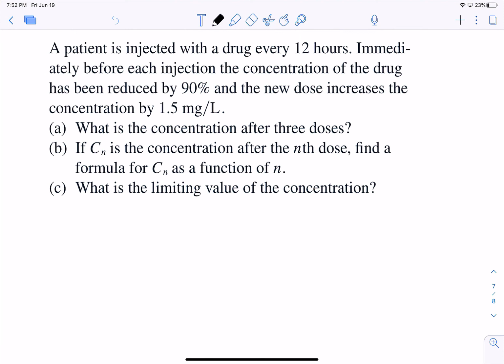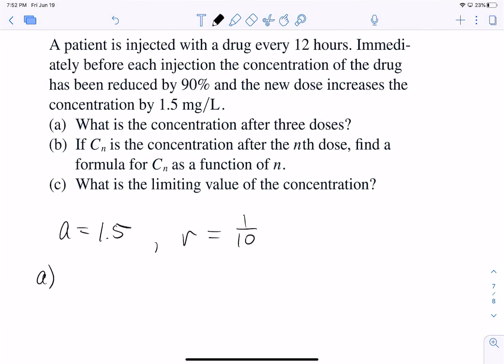turning it into a sequence. The first dose is going to have a concentration of 1.5 milligrams per liter. If the concentration has been reduced by 90%, then after the 12 hours, there's 10% remaining. So we're going to say that the common ratio is 10%, but we'll express it as a fraction, so 1/10. Let's lay out what's going to happen after 3 doses. The third dose gives us a concentration of 1.5 milligrams per liter.